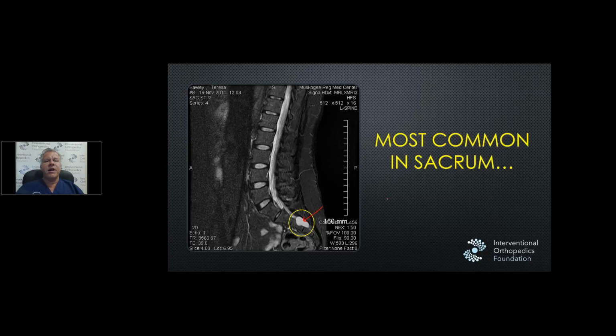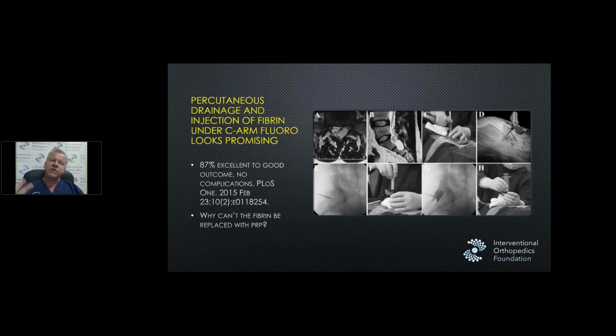Something to consider is that there's at least 2 studies, this is just one of the ones I found, that showed that draining these things and putting in fibrin glue seems to be effective. Now you can see here they're using a trocar to drain this thing, which I think is way overkill. I think you can drain this thing obviously with a 22 gauge needle. This is an 11 gauge. There's no reason really to use an 11 gauge here. I think you're just taking additional risk.